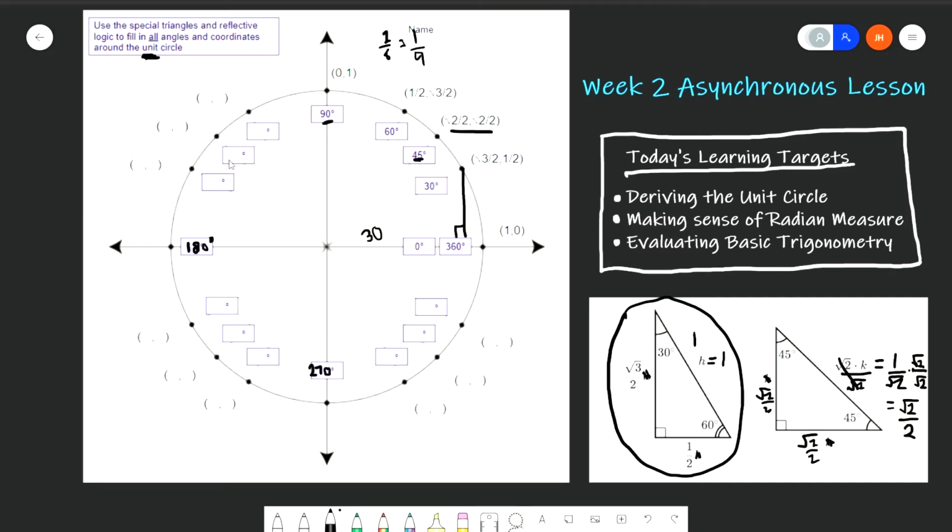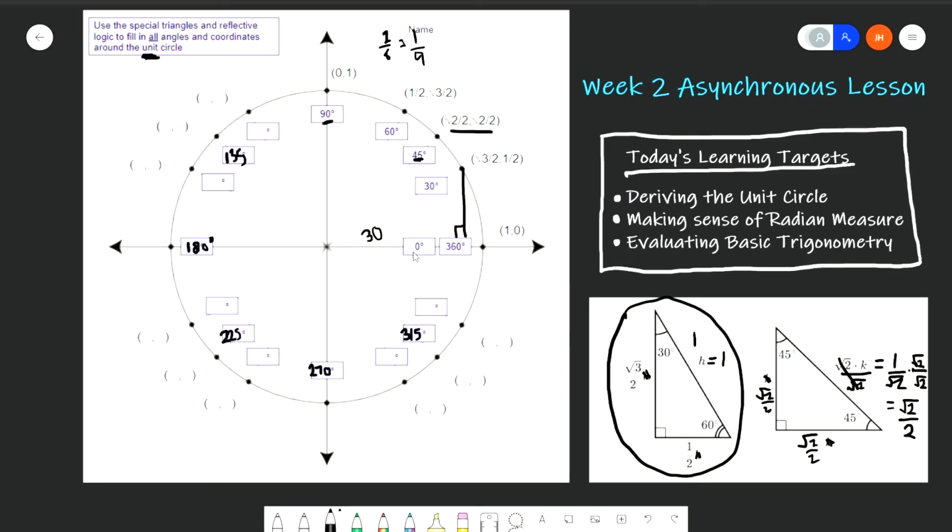I get 3/8 here. 90 plus 45 would be 135 degrees. Keep going. Add another 45, I get 180. Add another 45 to that, and I get 225. Add 45 to that, I get 270. Add 45 to that, I get 315 degrees. What y'all will notice is I'm just adding my angles as I go around the circle.